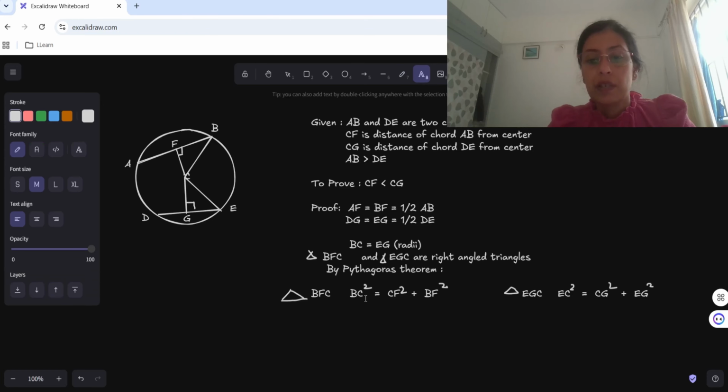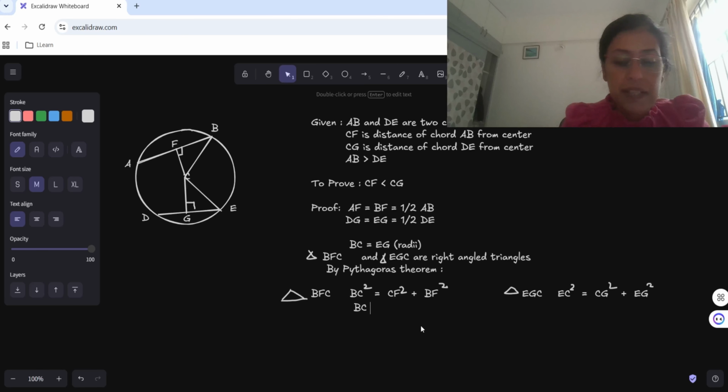Okay, we have found this. BC square is equal to CF square plus BF square. Similarly, by Pythagoras theorem, EC square is equal to CG square plus EG square. Now we already know that BC is equal to EC because they are both radii of the circle.